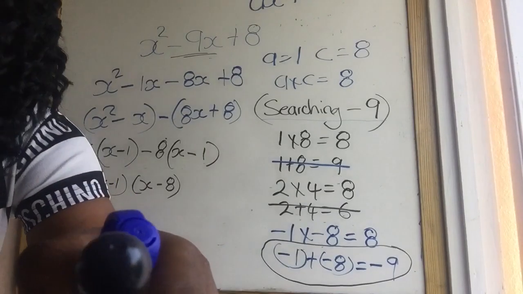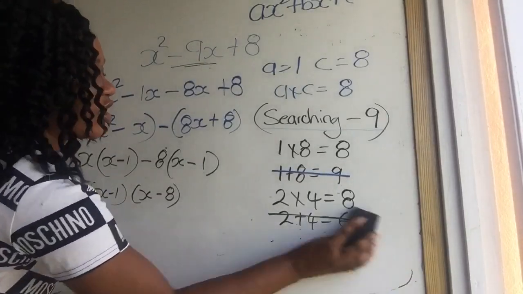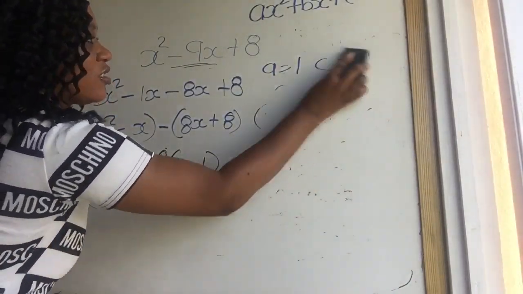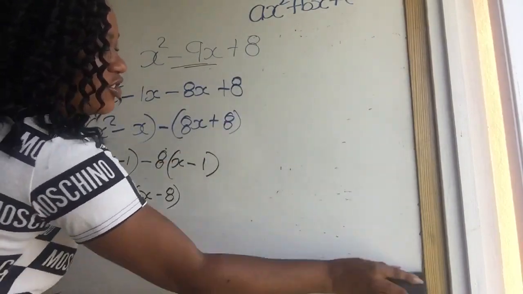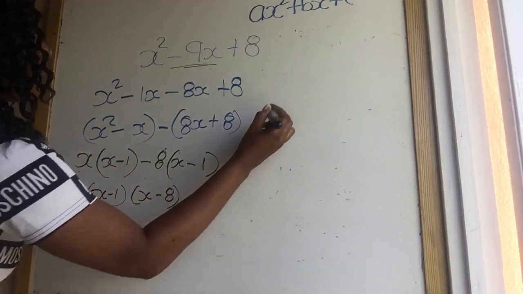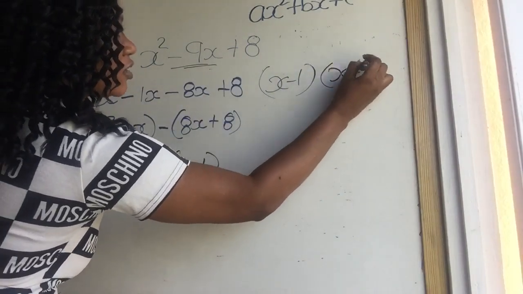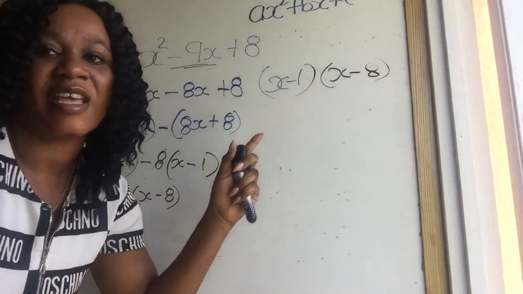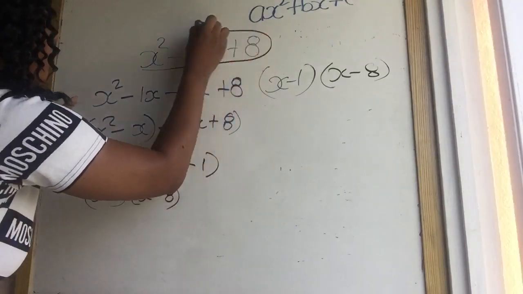So here we can check this now. Let's check it. Let us write back this: x minus 1 bracket x minus 8. So let us expand it and see if we can get back this.